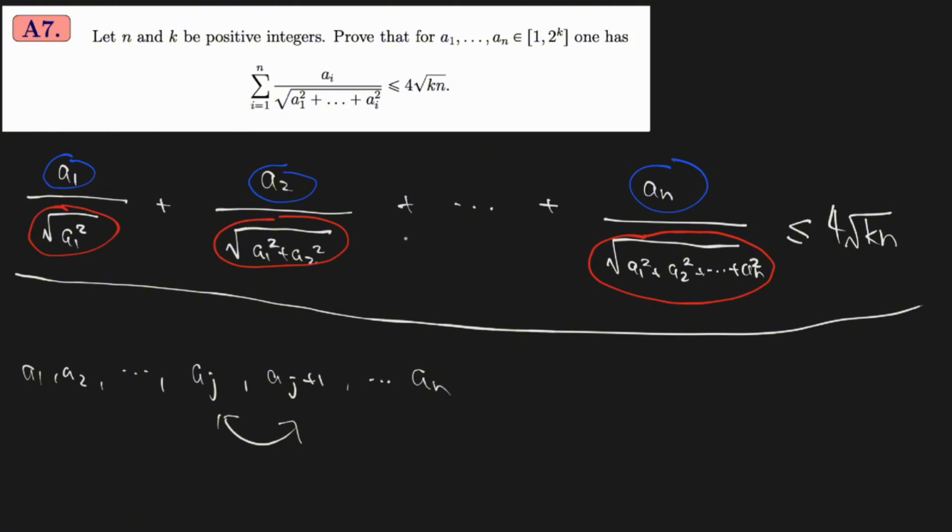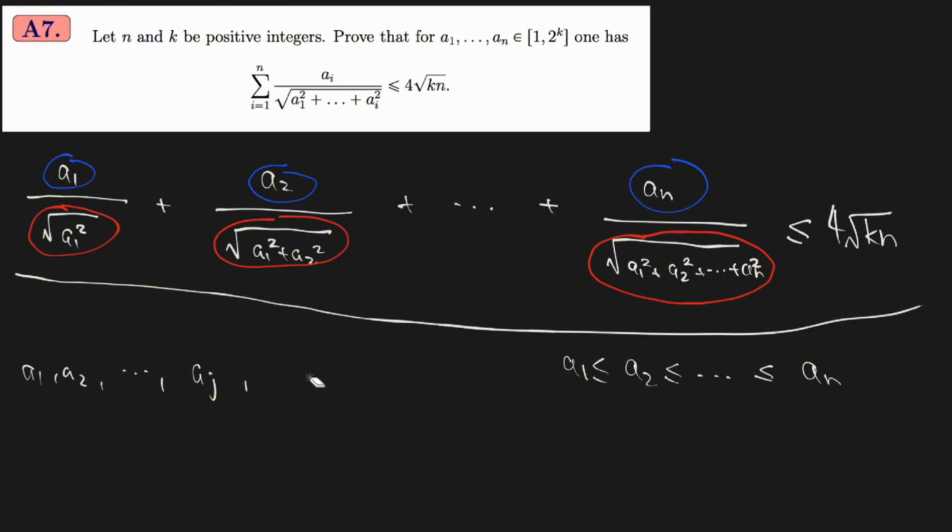And so we only need to consider the cases where this thing is indeed in the right order. So if we keep swapping it, then we should eventually get that a1 is less than or equal to a2, less than or equal to, and so on, less than or equal to an. We should eventually get exactly this, because we can keep swapping it until the biggest things are furthest back, which is what we wanted in the first place.